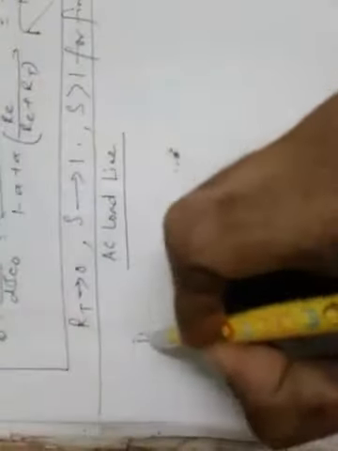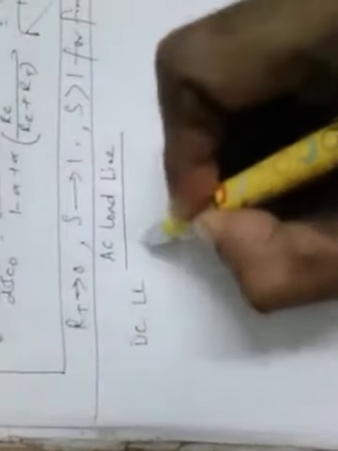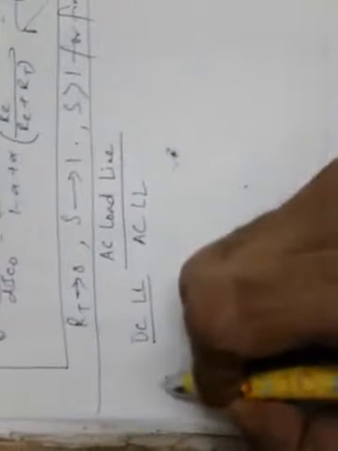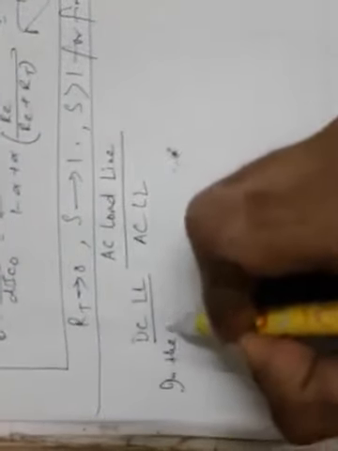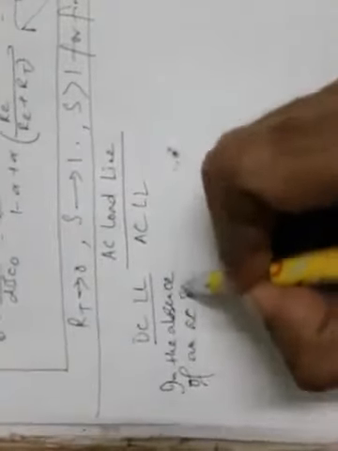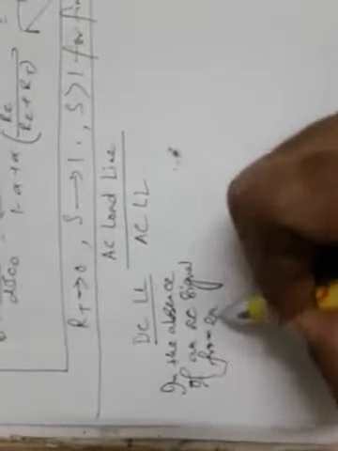That means the difference between DC load line and AC load line is, this is in the absence of an AC signal from outside, and AC load line means in the presence of it. So this is the basic difference.